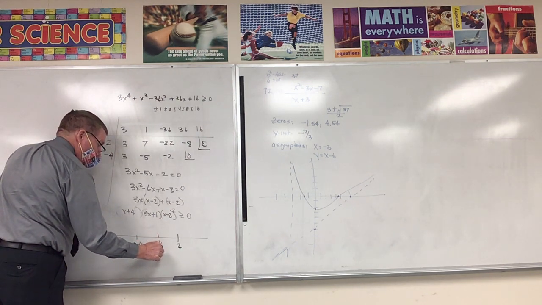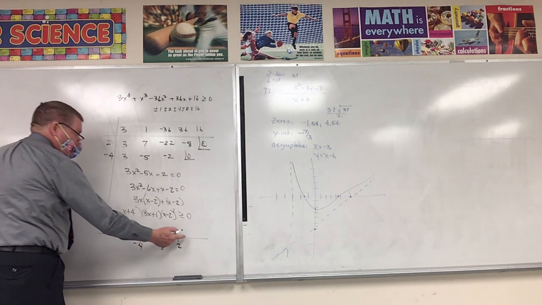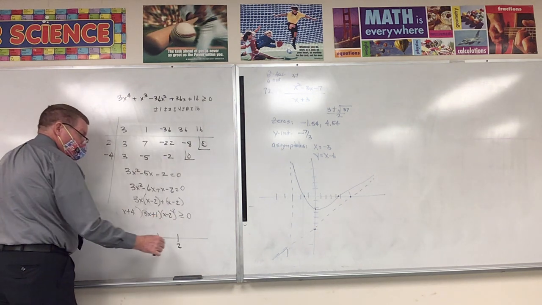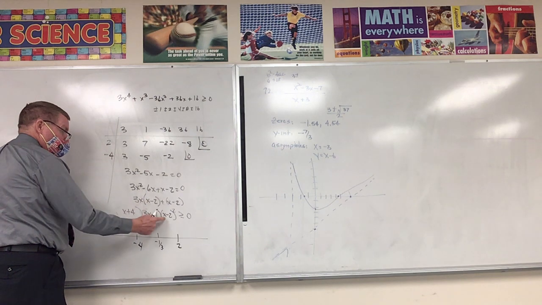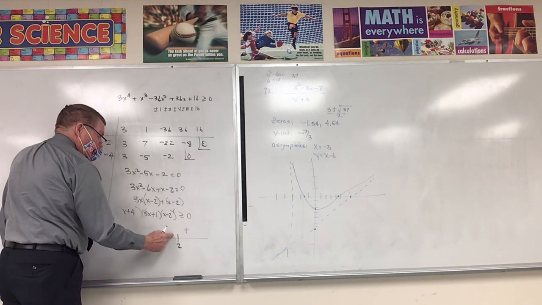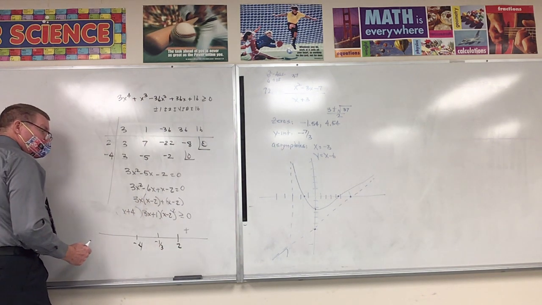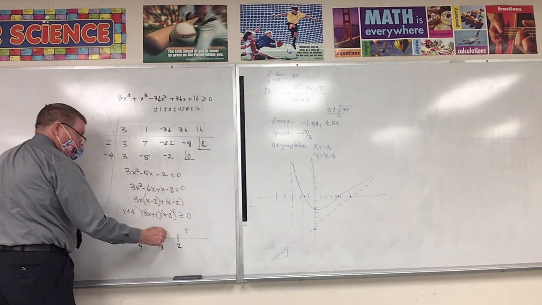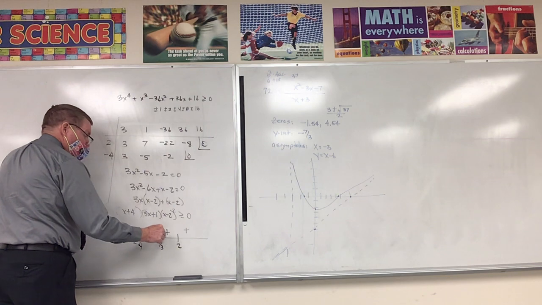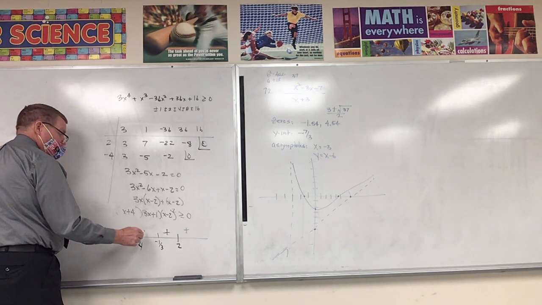Negative 1/3. Put a number larger than 2 in, I get what? If I put a number larger than 2, it would be positive. What happens at 2? Do I touch? So over here would be plus. Over here would be negative.